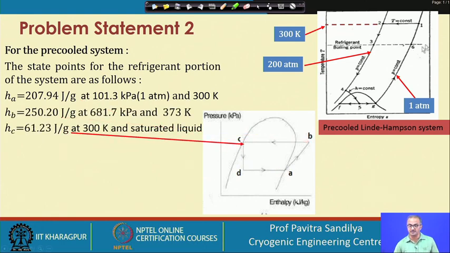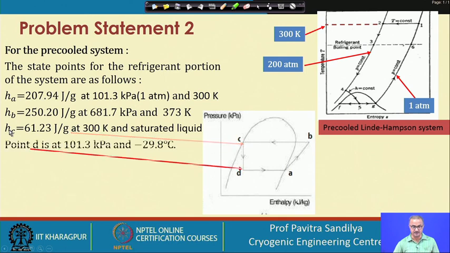Now this is the pre-coolant heat exchanger, and here we have been given all the values of HA, HB, HC, etc. as per our earlier system. You can refer to the system we have shown in the lecture. There you can find out what A, B, C, D are.